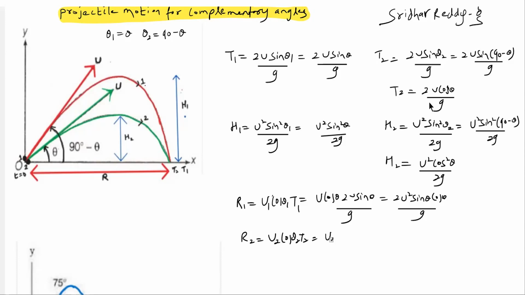This will be u cos of 90 minus theta into 2u cos theta by g, which is u sine theta into 2u cos theta by g. Finally, we can compare: R1 equal to R2.